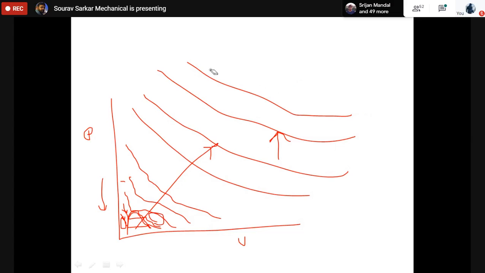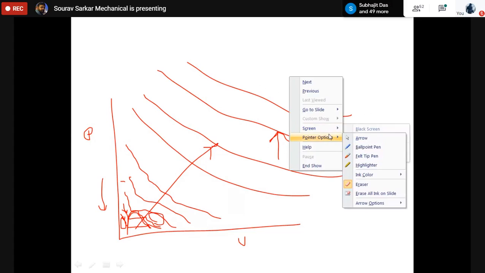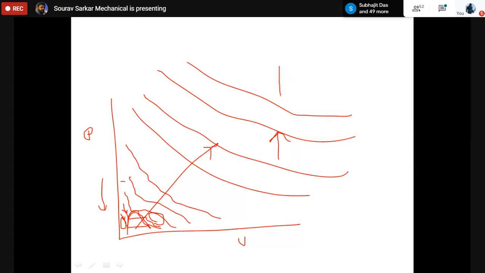Anyway, so basically these are ideal gases. This part is ideal gas, and this part is basically the two-phase zone. Now what I'm trying to say, if we consider nitrogen, this isothermal line is 40 degrees Celsius, maybe 30 degrees Celsius.